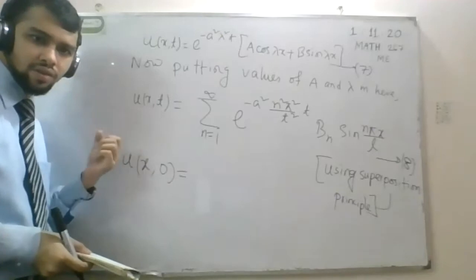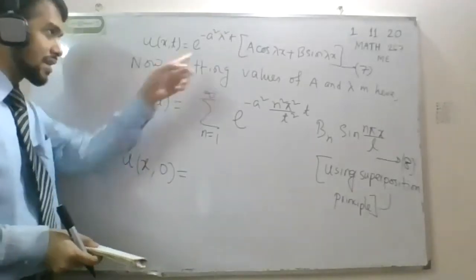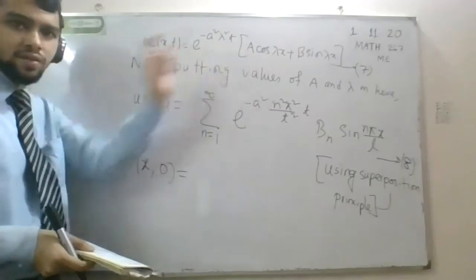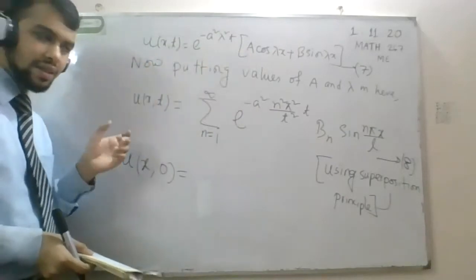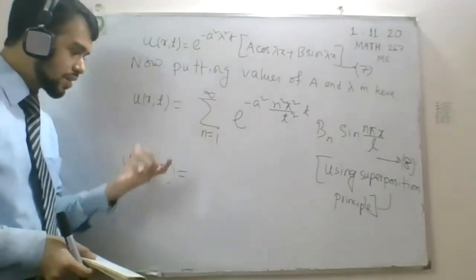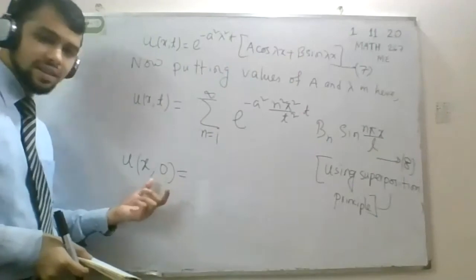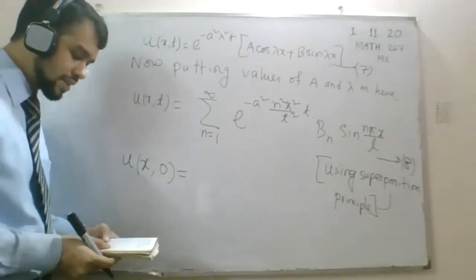After putting 0 to L, in the problem we solved, our result at last came out like this, okay. After that, for using the superposition principle, you have to use your initial condition where t equals 0, okay. So then you can find out your required result from here.